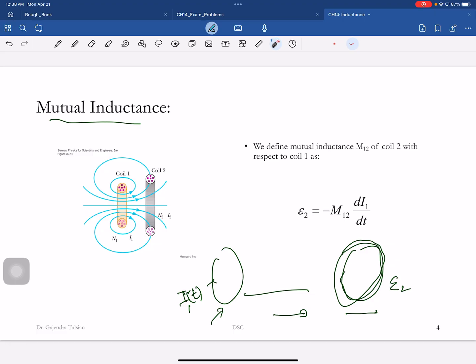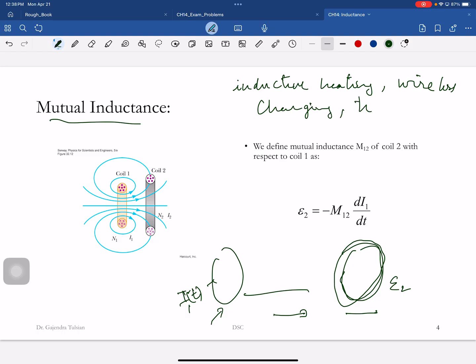Okay, but again, mutual inductance is important in inductive heating, wireless charging, transformers, and so on.